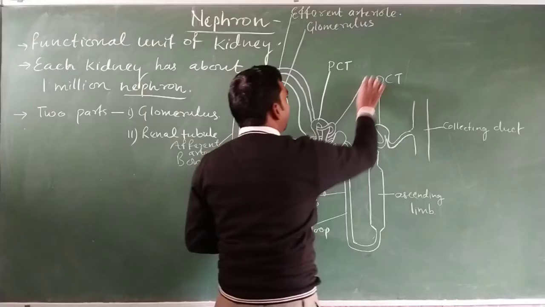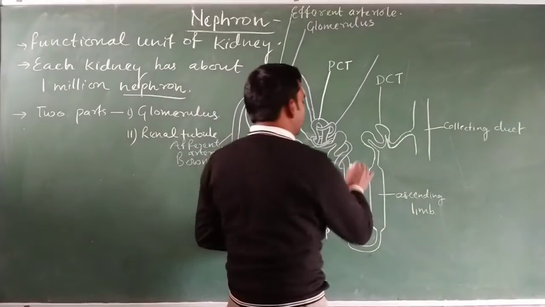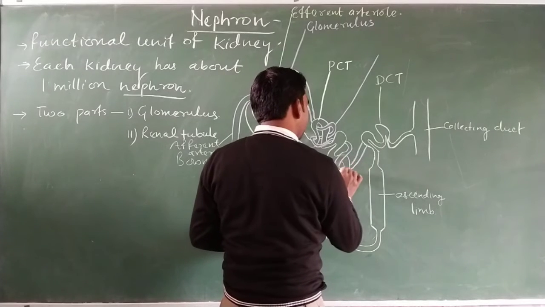This network of capillary is around the PCT, proximal convoluted tubule, along with the DCT.